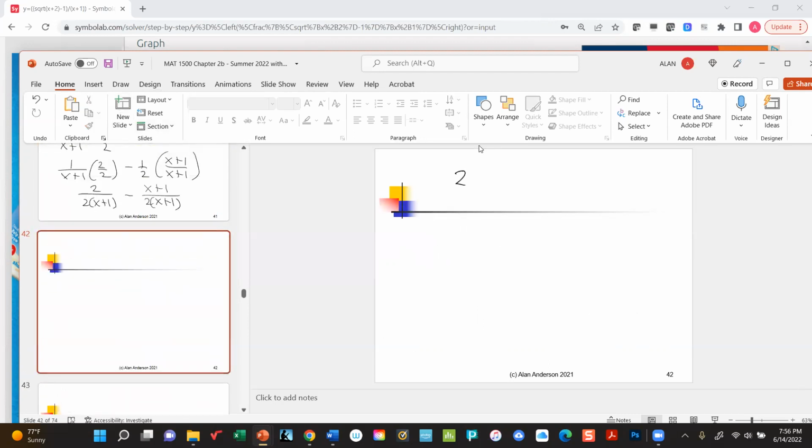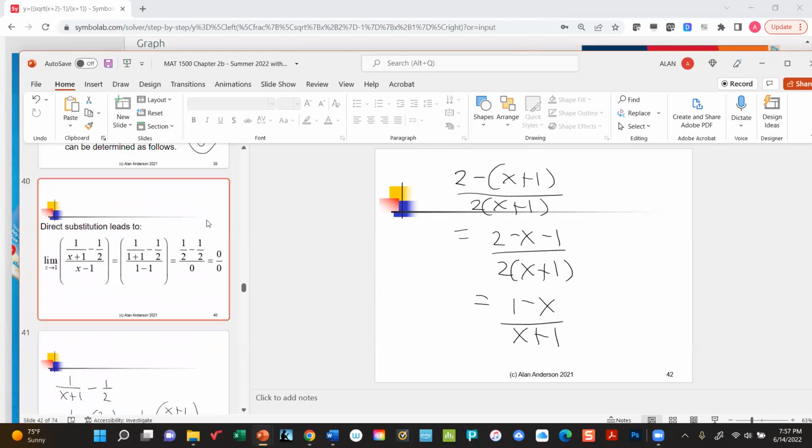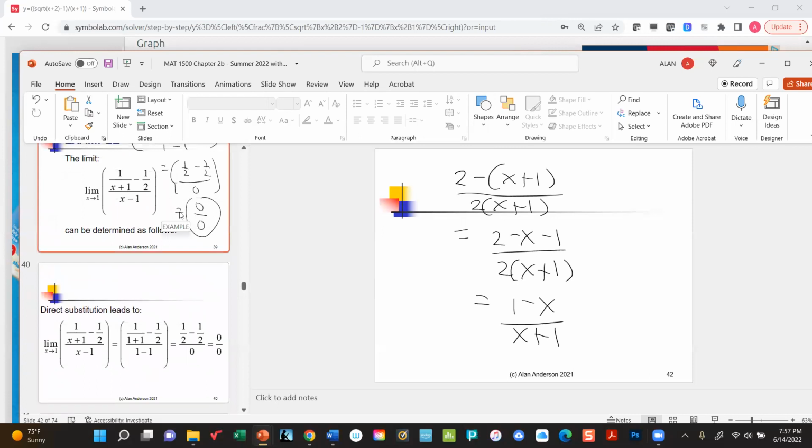2 minus x plus 1. Okay, so that's our new numerator. Now, is that going to help us? That's a good question. Maybe.